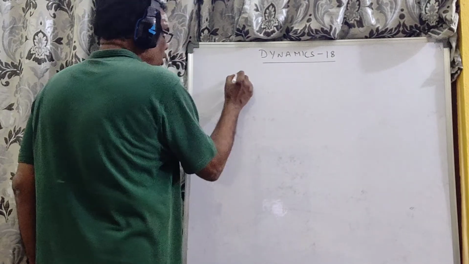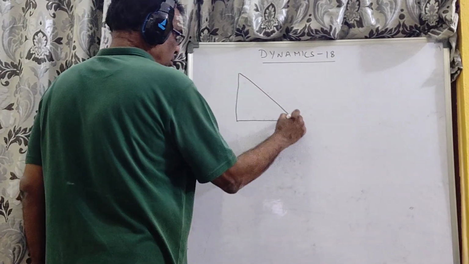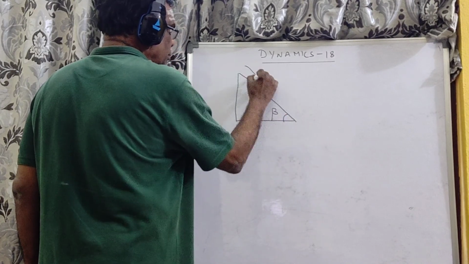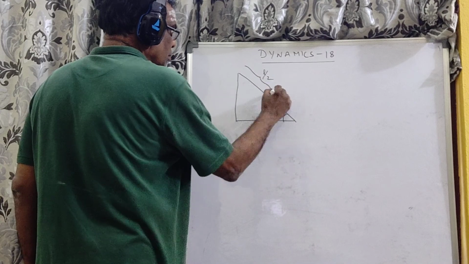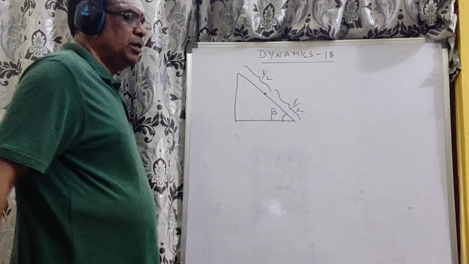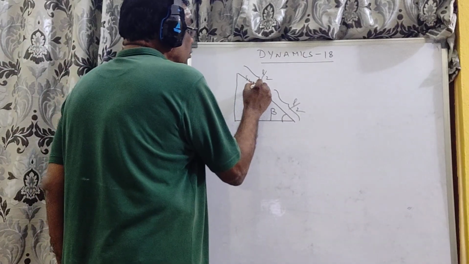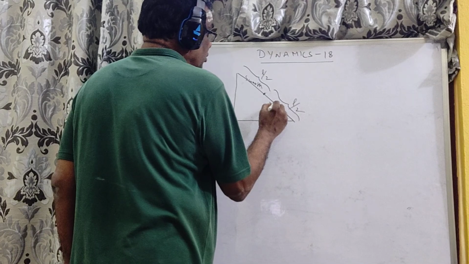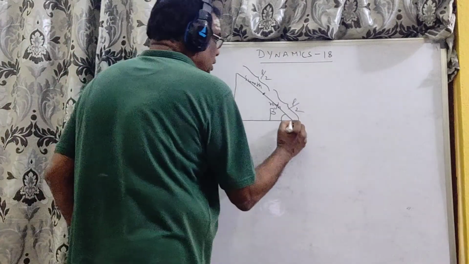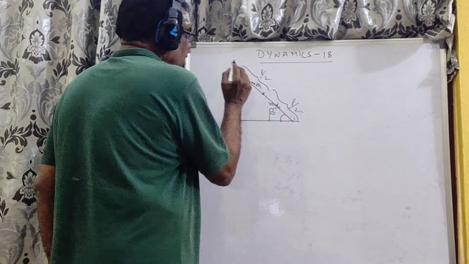For example, supposing this is beta, half this is smooth, and this is rough. And the body just comes to rest once it reaches here, once released.